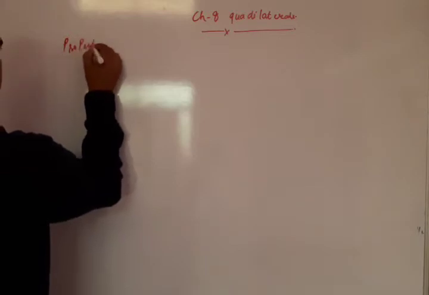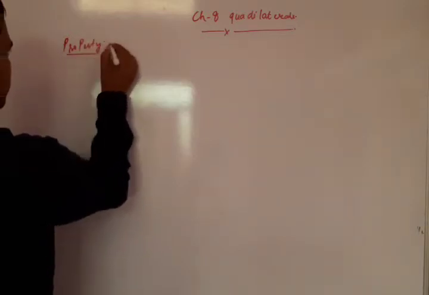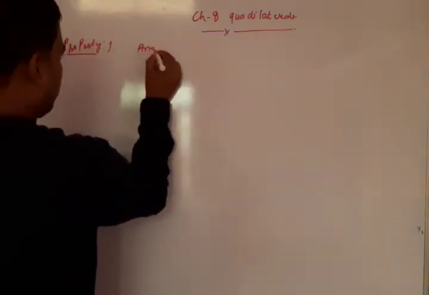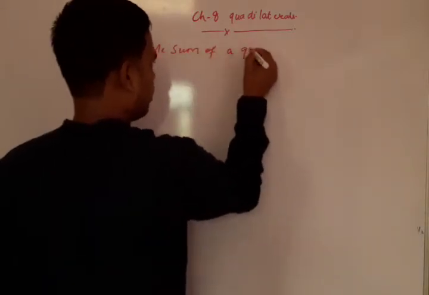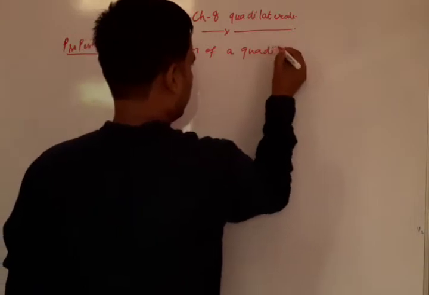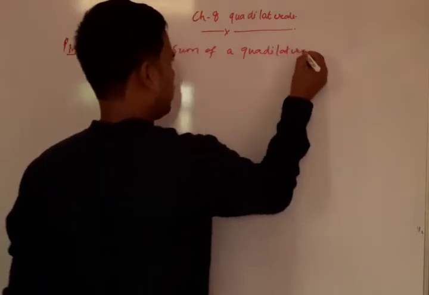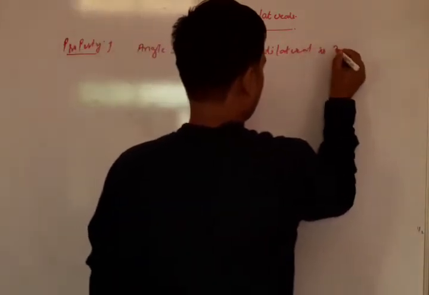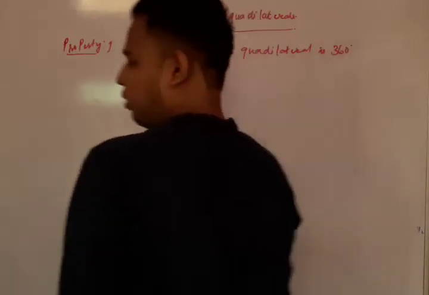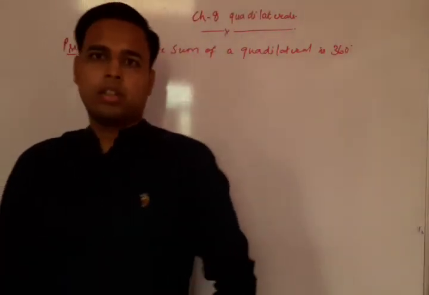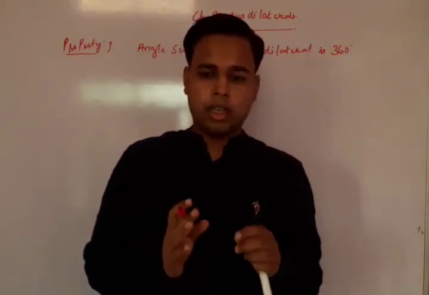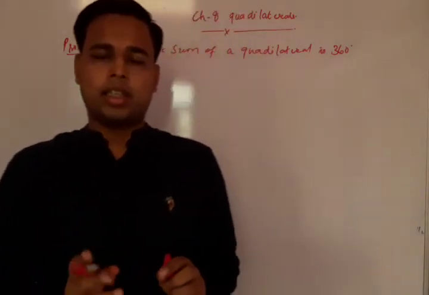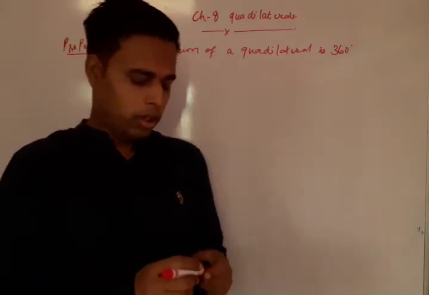Property 1: angle sum of a quadrilateral is 360. What we have to do? We have to prove that the sum of all angles of a quadrilateral is 360. How will we prove it?